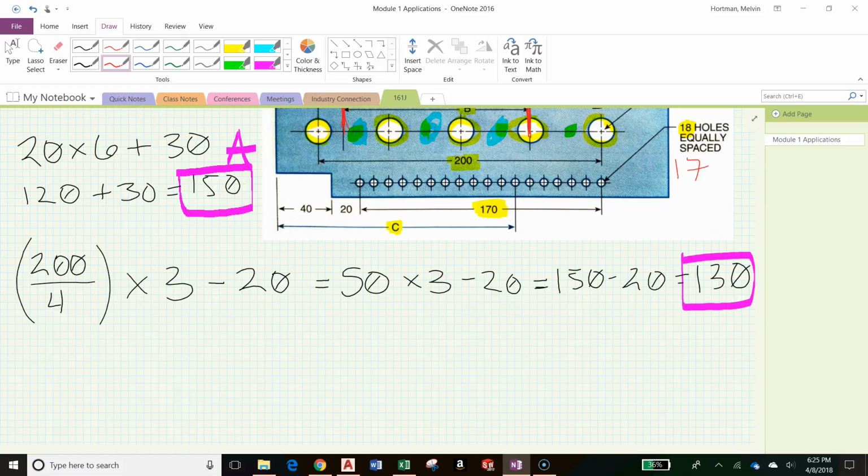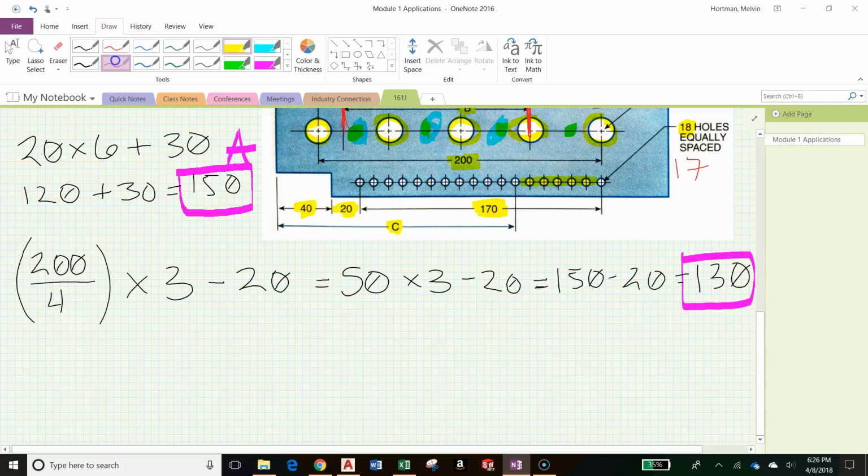We're going to figure out what the spacing is, and then we'll subtract these spacings here, and then add this 20, this distance from the edge, and then this 40, because we're going up to this line for our C, and up to right here for our C.